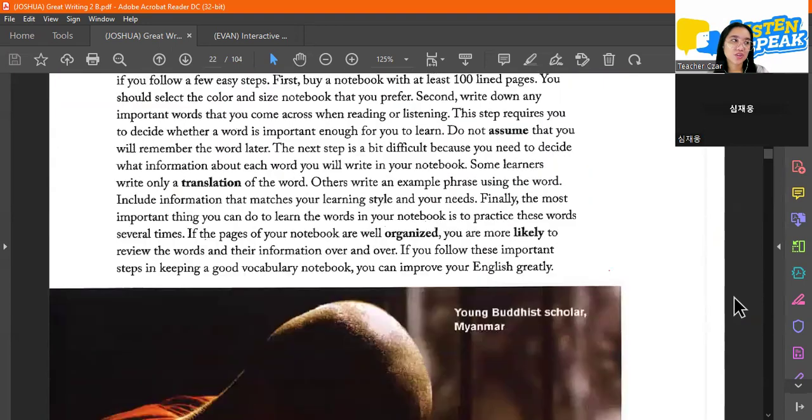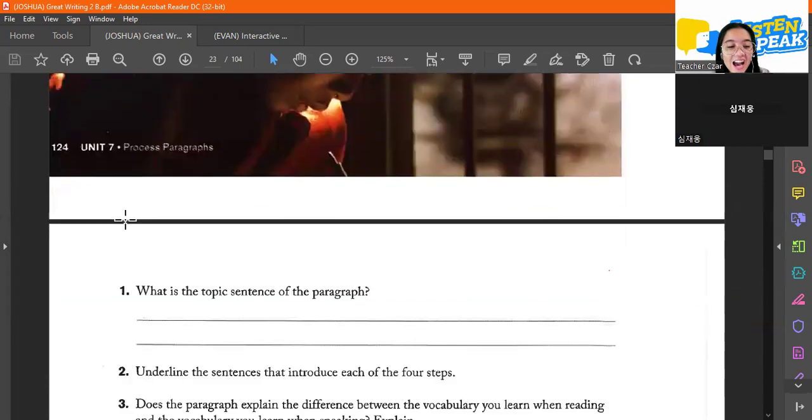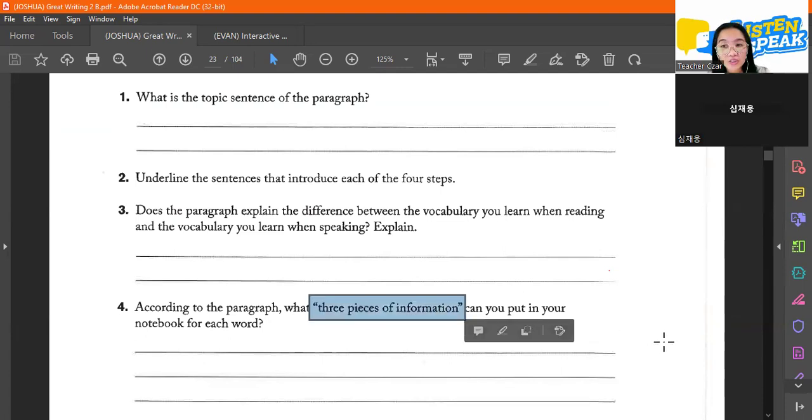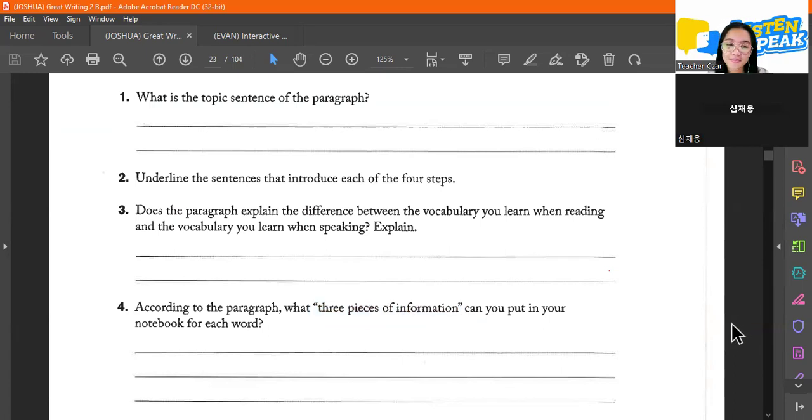Now I will show you the clue. Yes. Can you answer number 3? According to the paragraph, what three pieces of information can you put in your notebook for each word? Okay?